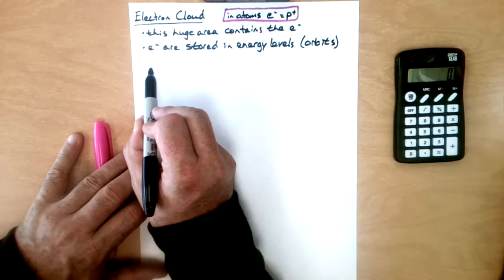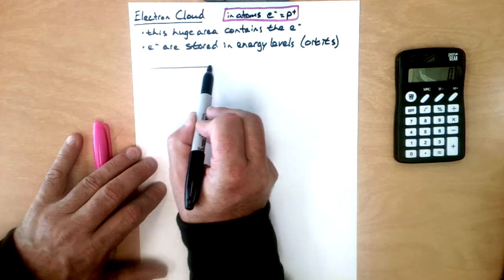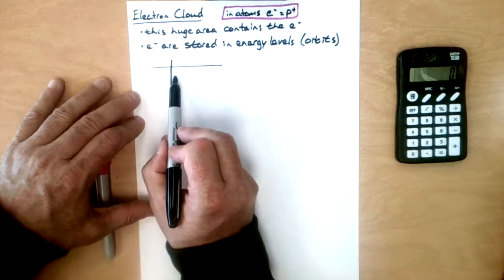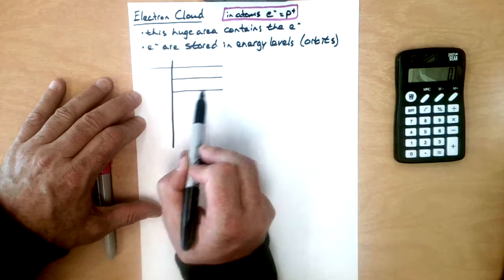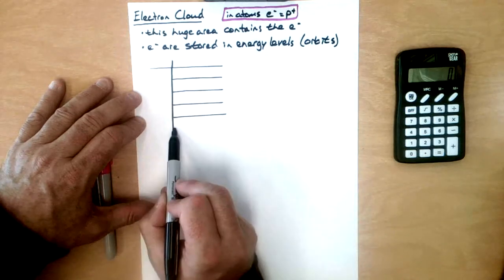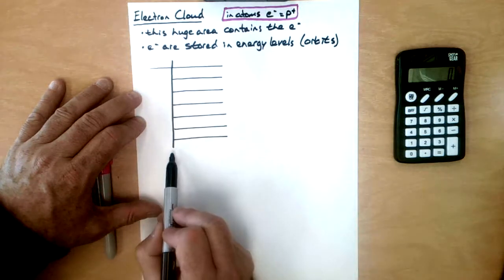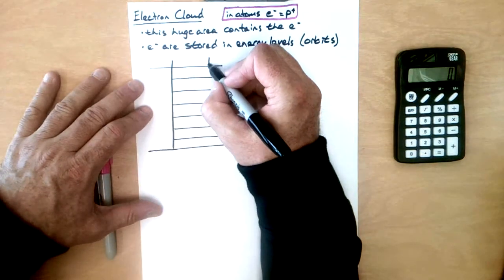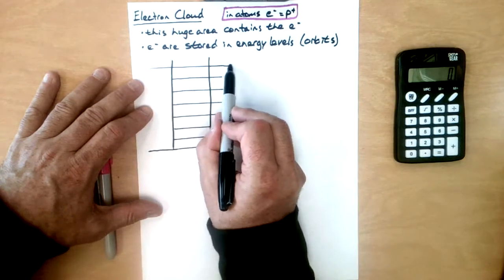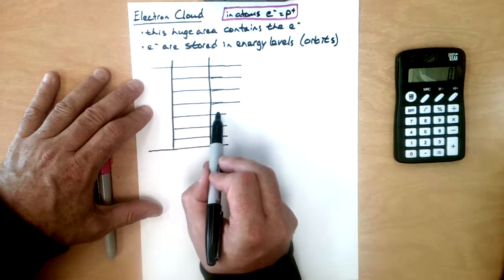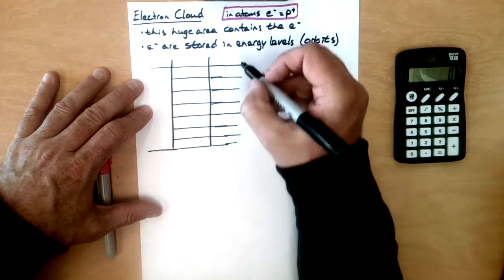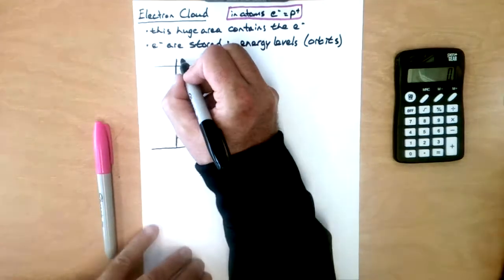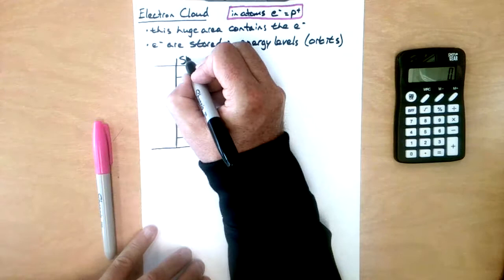Well, they are stored in shells or orbits, levels.